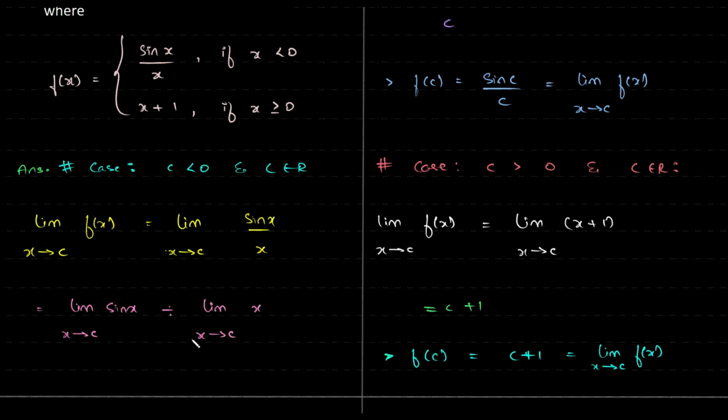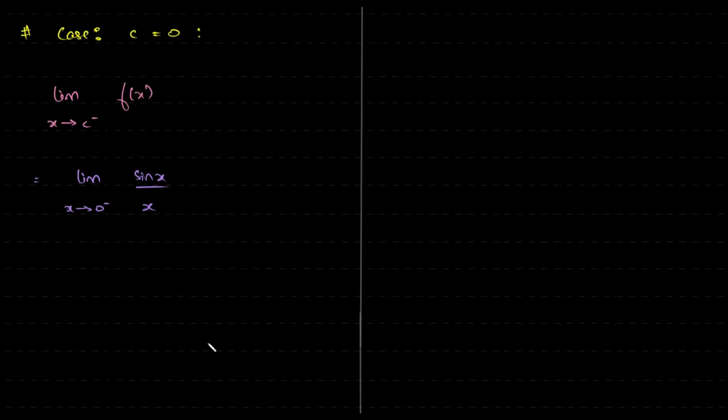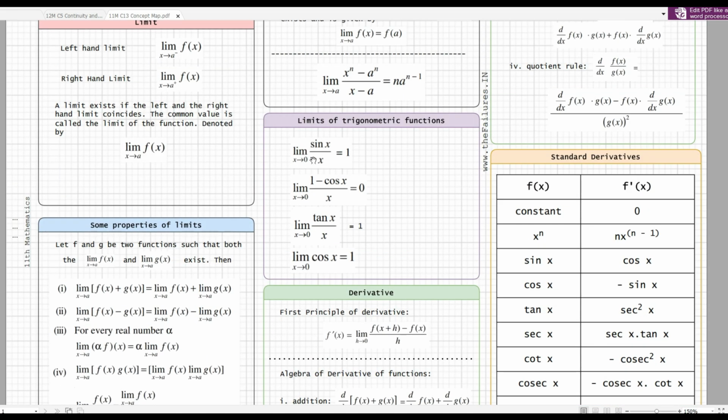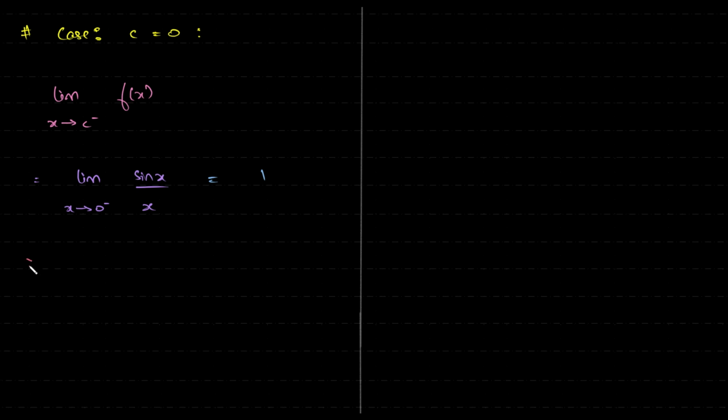Agree? And so this would be what? This is 1. I hope you guys remember this. Limit sin x by x as x tends to 0 is 1. Now we have limit as x tends towards c plus, from the right hand side.